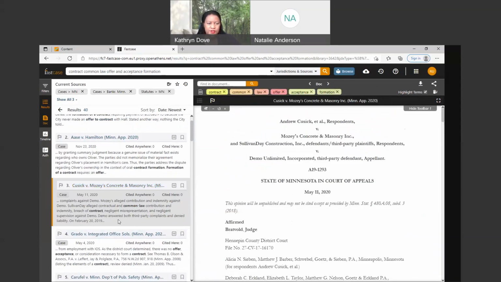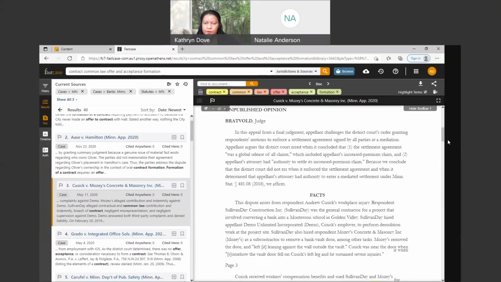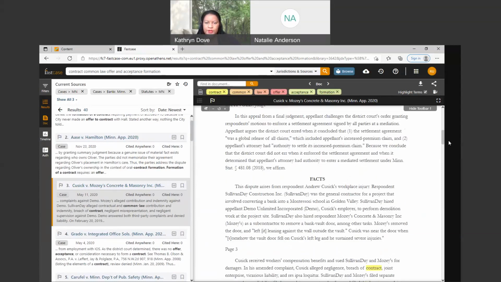Kuzak versus Mosey's Concrete and Masonry. Sounds like a service contract. In this appeal from a final judgment, there's an issue about enforcing a settlement agreement.